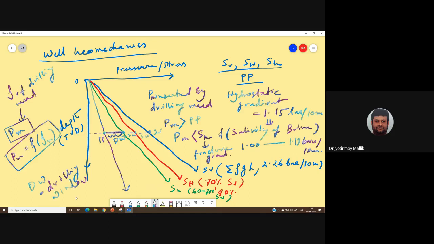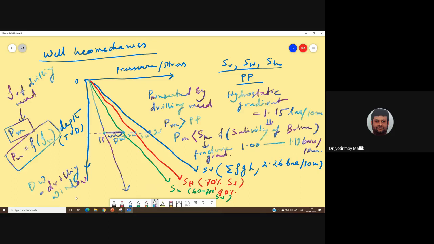We also said that if my PM is actually less than PP, then unwanted fluid will come inside the well from the formation. And if PM is more than S small h, or the fracture gradient, it will fracture the formation. Okay?